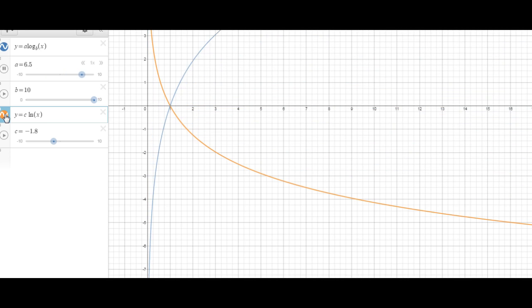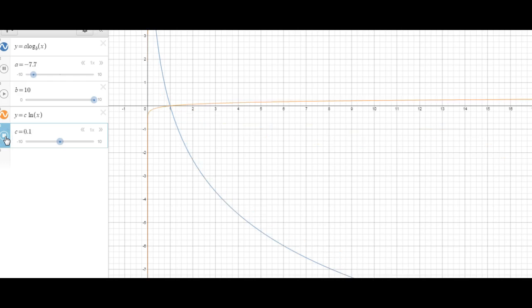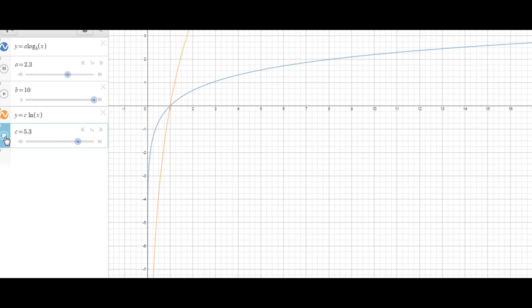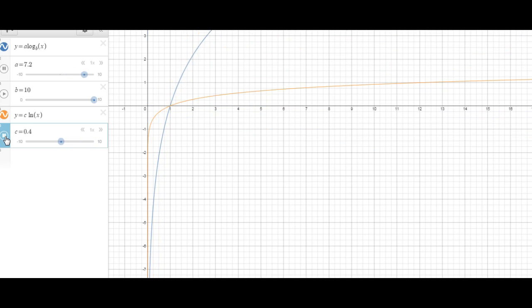And then as A increases, the graph just gets steeper. The same thing happened when C was increasing. So if C increases, it gets steeper. As A increases, it gets steeper.